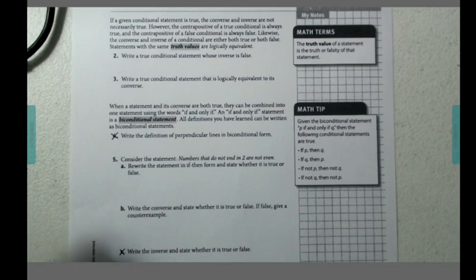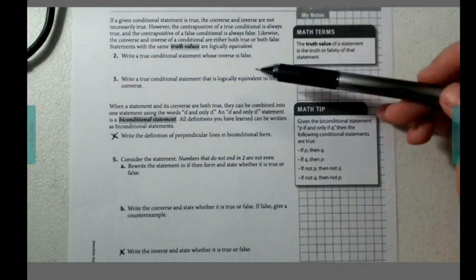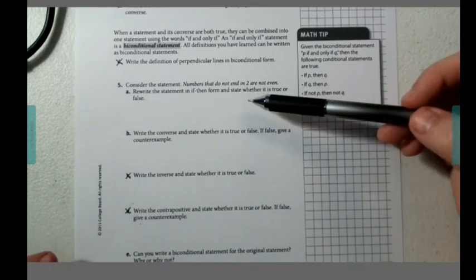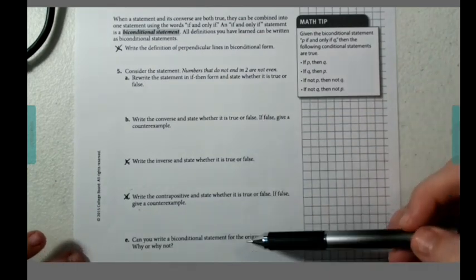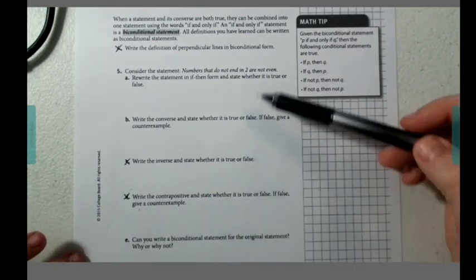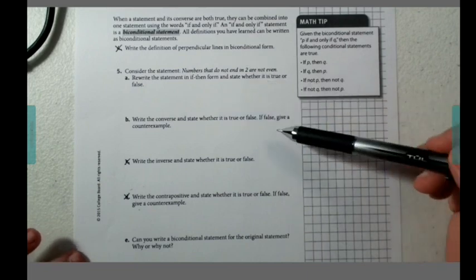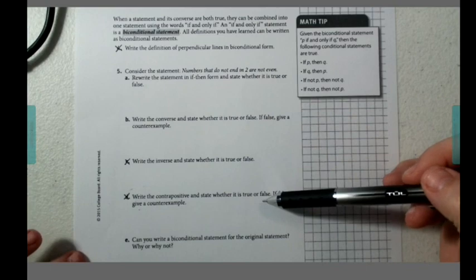Again, I only want to focus on certain parts. So I want to focus on question number 2, question number 3, question number 5A, 5B, and 5E. So basically, we're omitting question 4, omitting C and D of question 5.